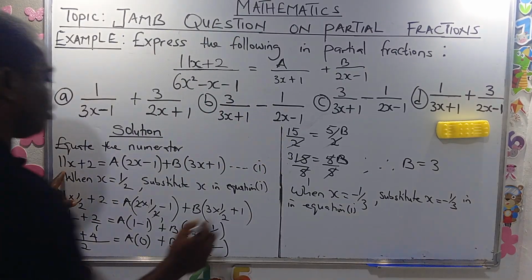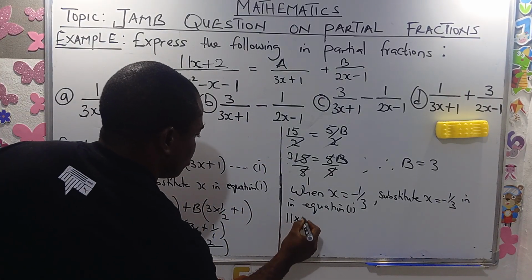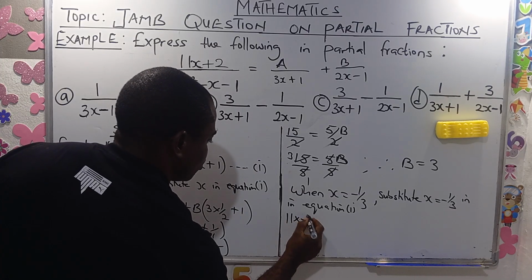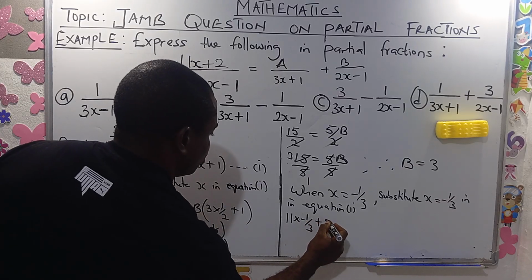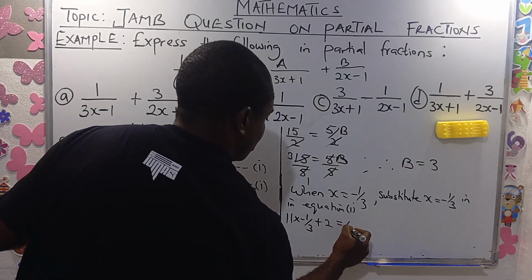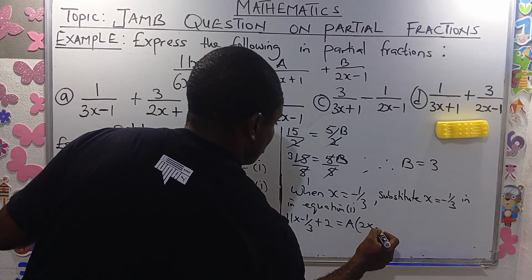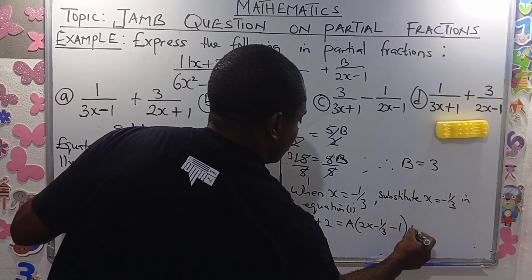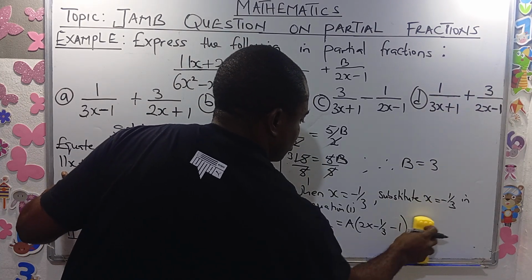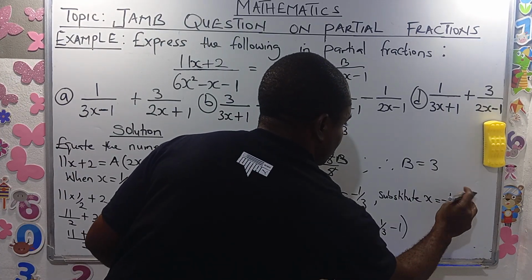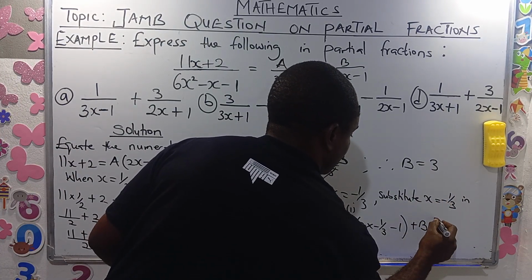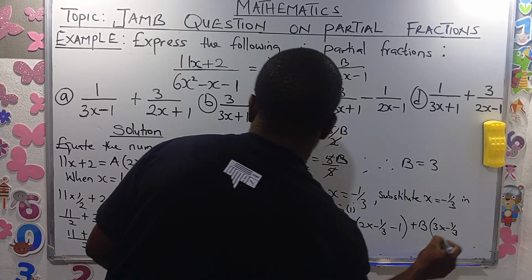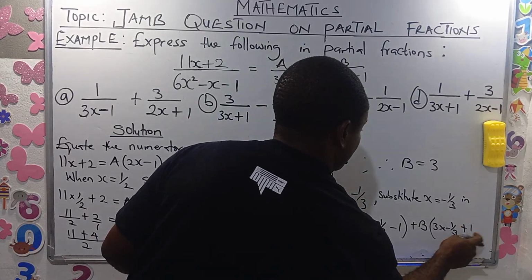11 multiplied by minus 1 over 3, plus 2, equals A into 2 times minus 1 over 3 minus 1, plus B into 3 times minus 1 over 3 plus 1.